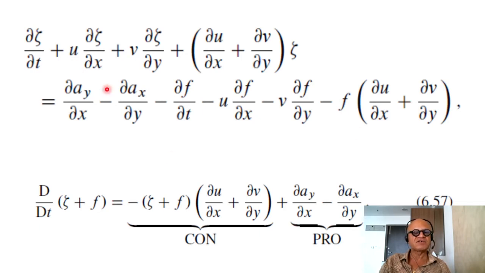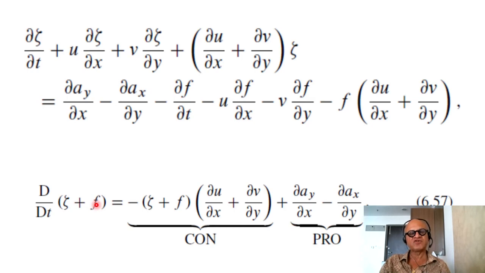You can simplify this now and write it as the Lagrangian derivative by combining the appropriate advection terms. So d/dt of (zeta plus f) equals minus (zeta plus f), we're just clubbing terms together, times (du/dx plus dv/dy). So we went from relative vorticity zeta to zeta plus f, where f is the planetary vorticity.